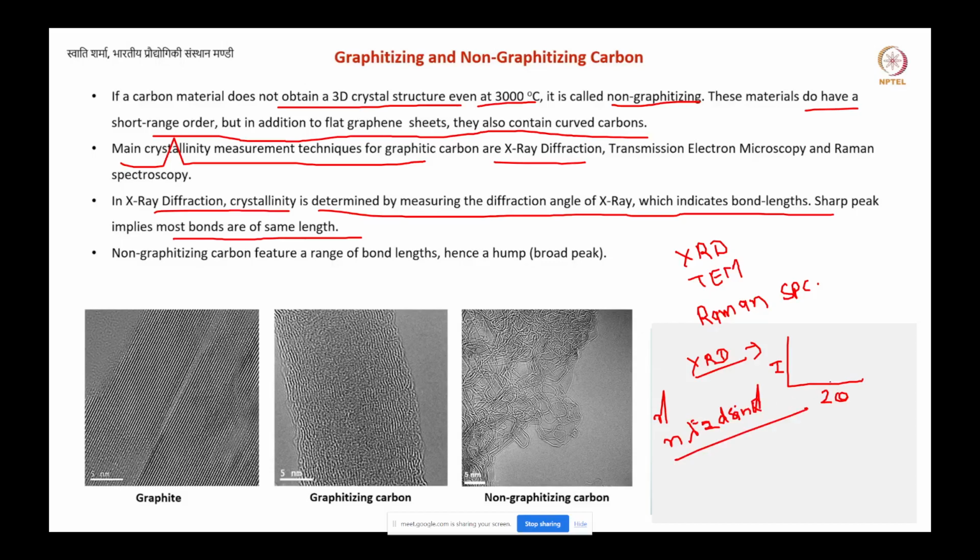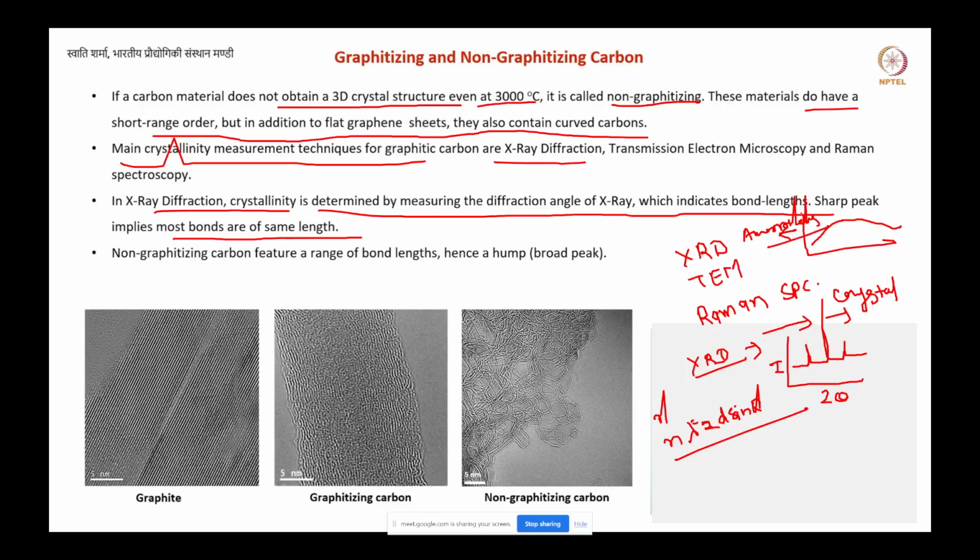In the XRD, when there is a peak, what does that mean? It is crystalline in nature. And when suppose your material is amorphous, then it will give a hump kind of structure like this. So this is not crystal, it is amorphous.